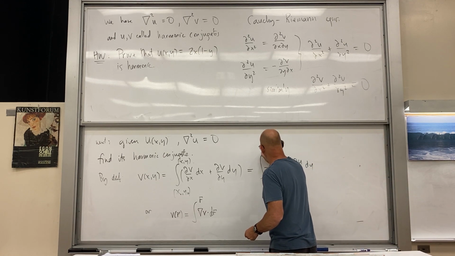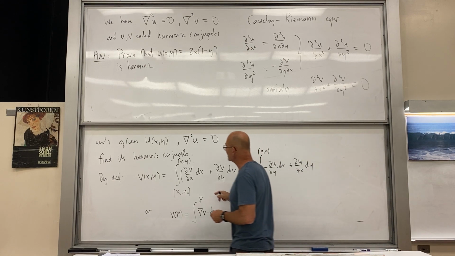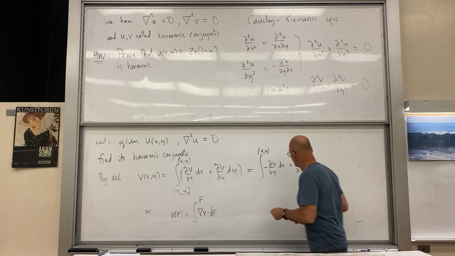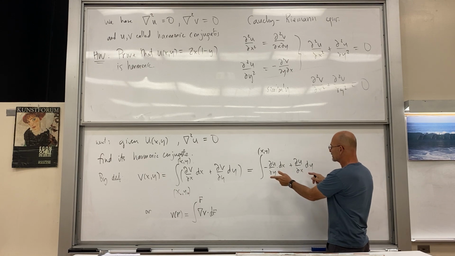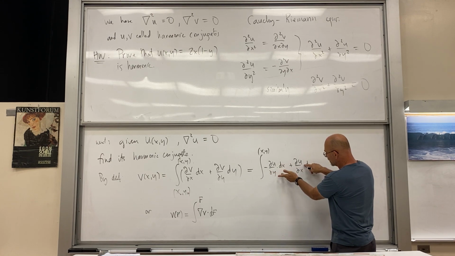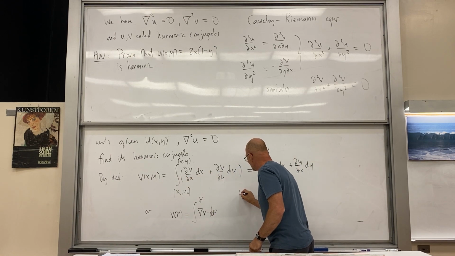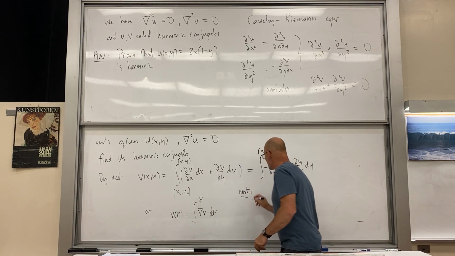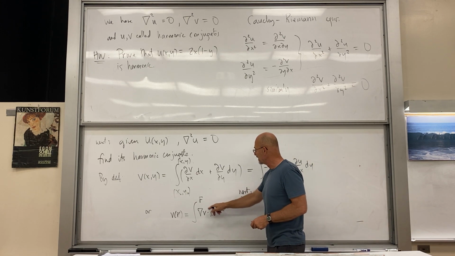Again, I'll just write the upper boundary up there, because now we took the function that we were given, u of x and y, and integrated it up, and that's going to be the b. But we have to check for the path independence in order that this really be well defined.